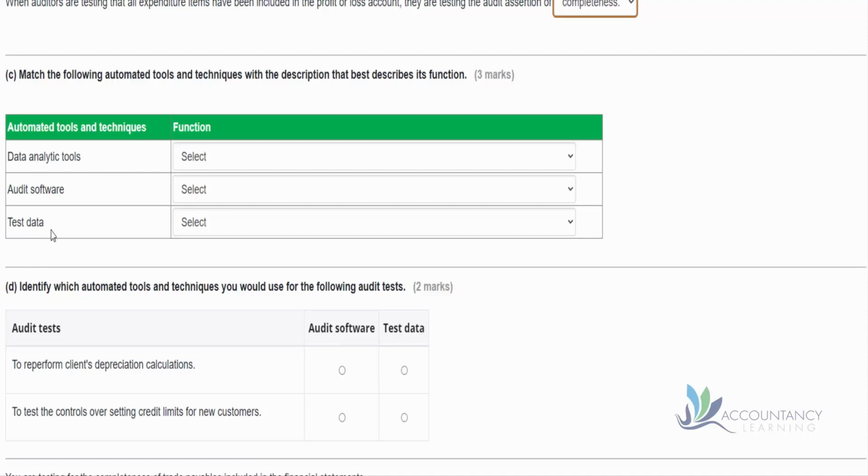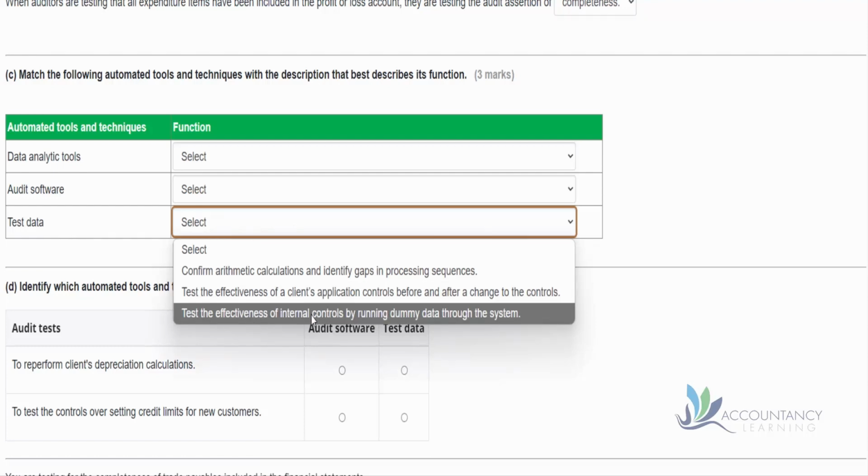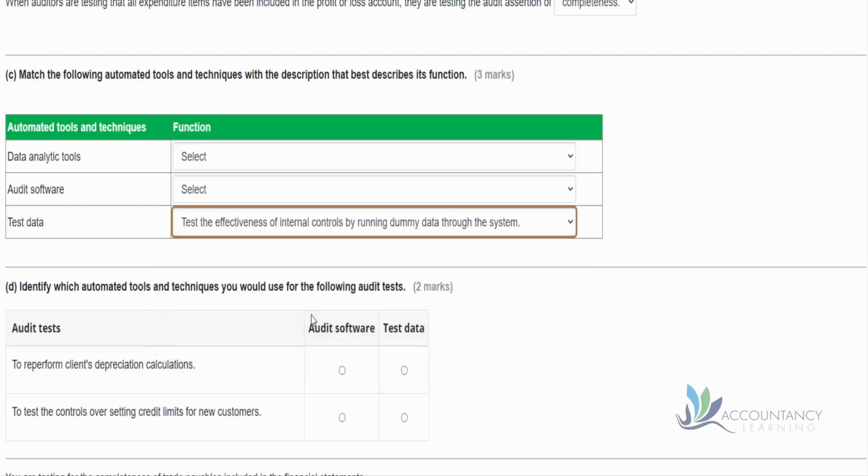So test data, that's where we're using the client's software to verify the controls are working properly. So if you look at the choices here, we can see that the third one relates to the effectiveness of internal controls. So we could be running example transactions through their system to verify that the controls are working properly on them.